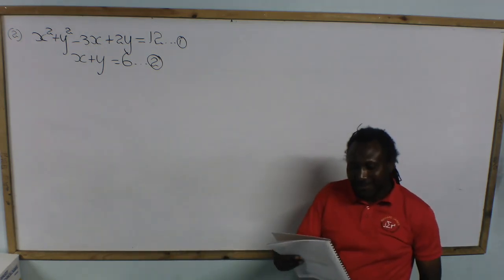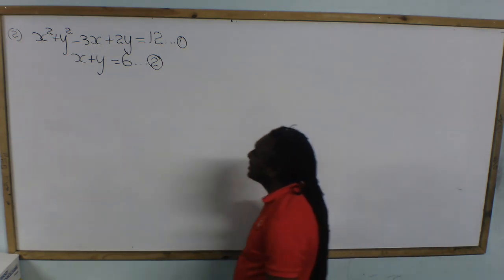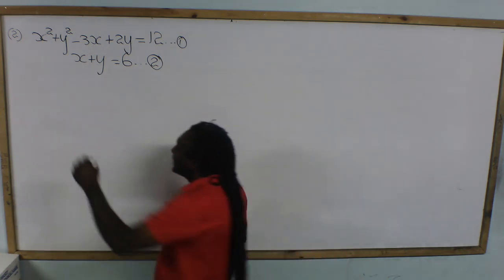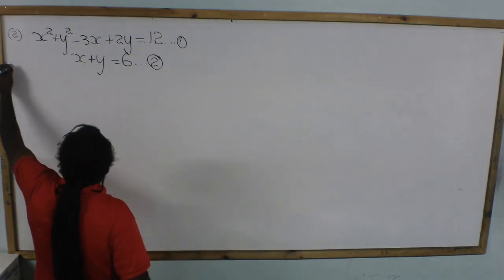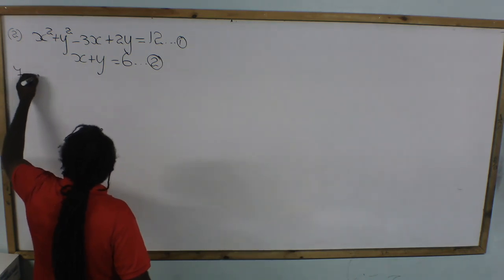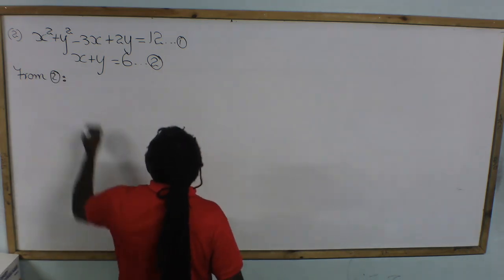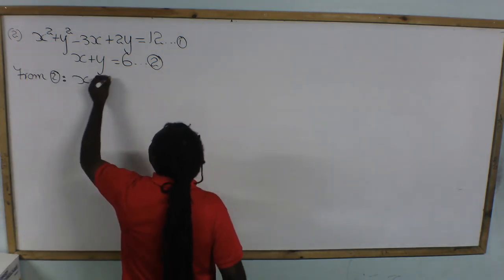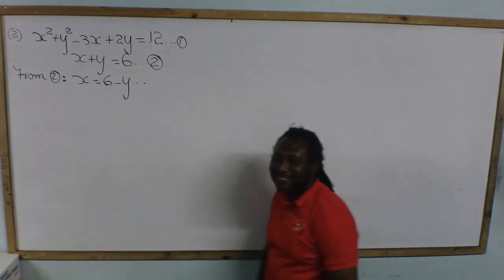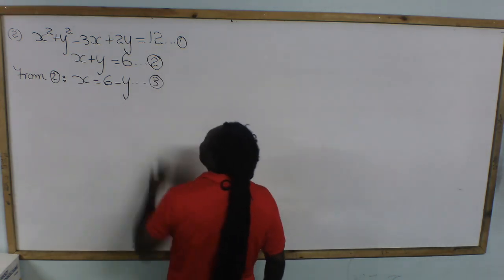So what do we say? And I'm just taking a deep breath. What do we say? Come up. From equation 2 what? x is equal to 6 minus y. And that will be your equation? 3. Just as usual. 3.